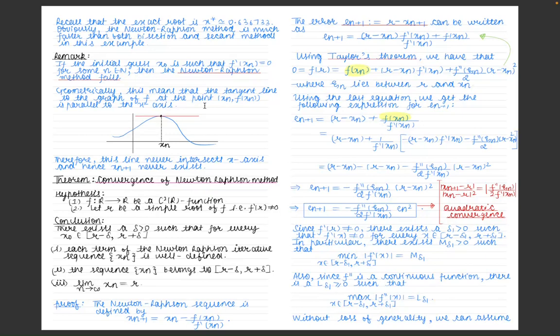And again the maximum will also exist. So since f double prime is a continuous function, because f is considered to be a C2 function, so f double prime is a continuous function.